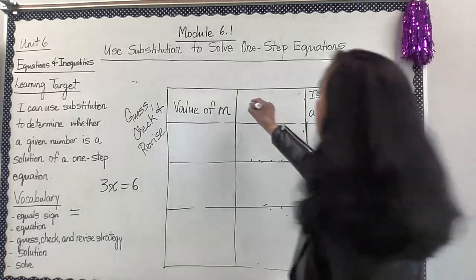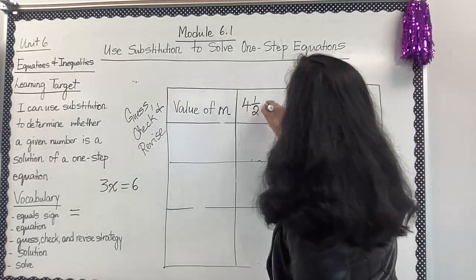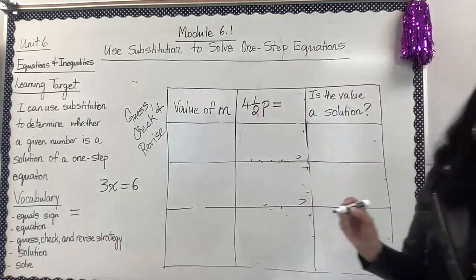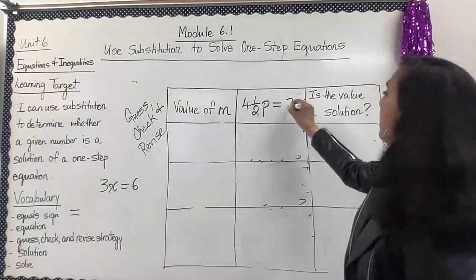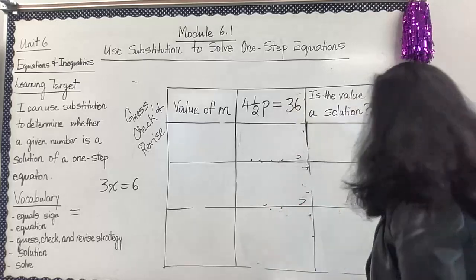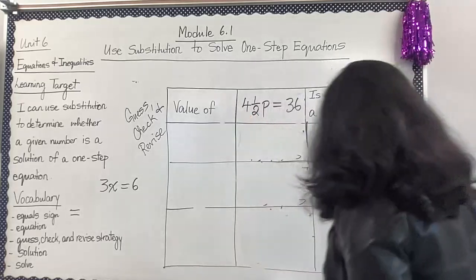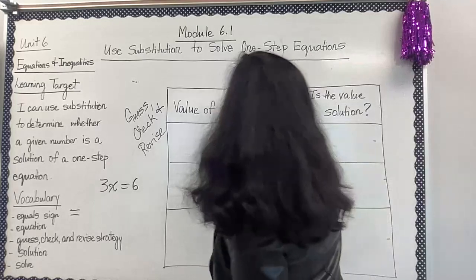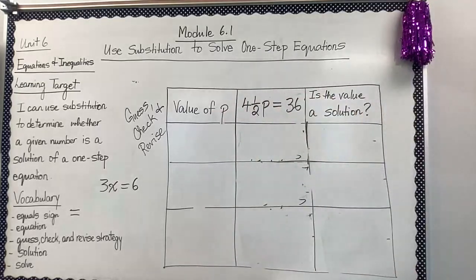The equation is 4.5p is equal to 36, and we are trying to find the value of p. So we can use the guess, check strategy.